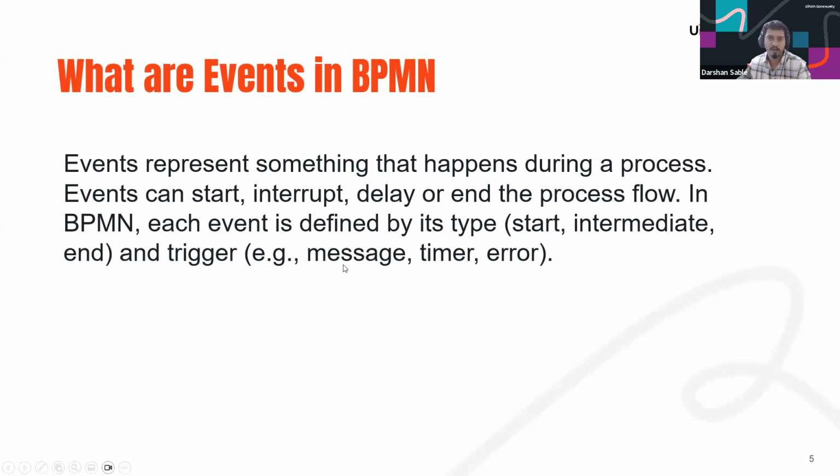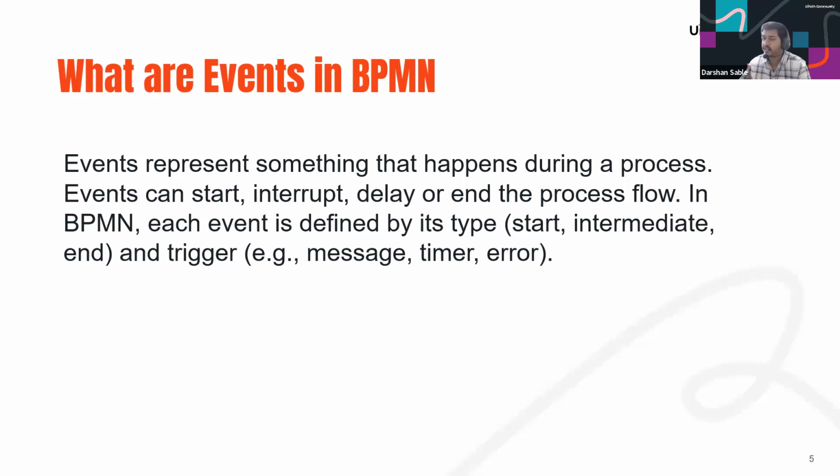If we talk about a real-world example, we can talk about a food delivery example. Imagine that you have just ordered food using Swiggy or Zomato. The moment you place an order, something happens and it triggers a process for your food delivery. That we can call a start event in BPMN. Once you have ordered the food, the order gets accepted by the restaurant.